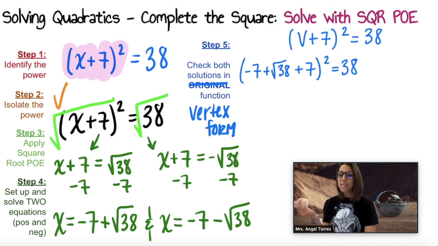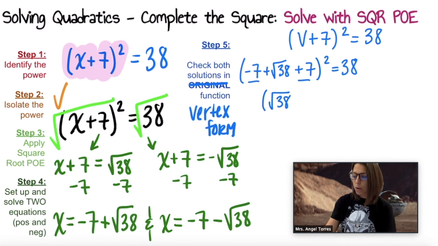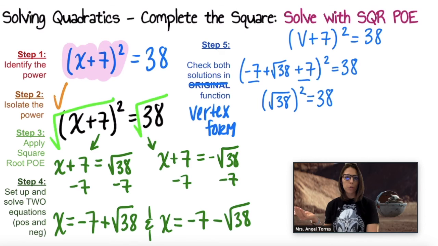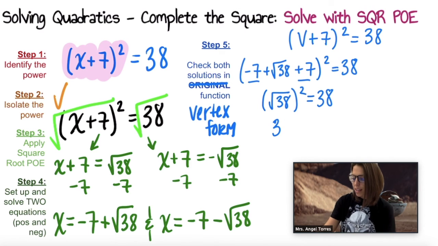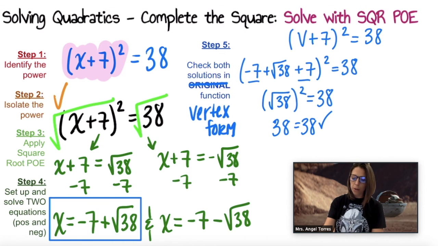Okay, well, as we can see here, we have a -7 and a +7, which equals 0, leaving us just with the square root of 38 squared equaling 38. And to undo a square root, you're going to square. So that leaves us with 38 equals 38, and we know that this is indeed one of our solutions.